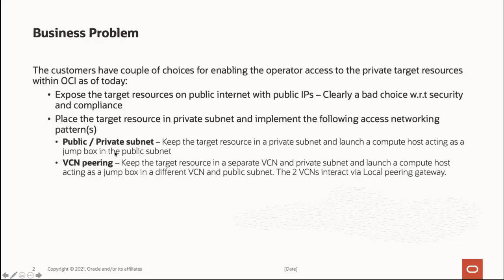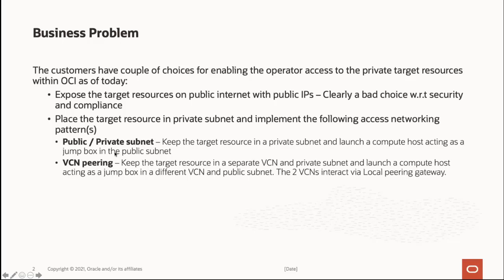The other option that they have is that they put that target resource in a private subnet and implement access networking patterns like public-private subnet or VCN peering. Now, the public-private subnet architecture is that you keep your target resource in a private subnet and you launch a compute host acting as a jump box in the public subnet.